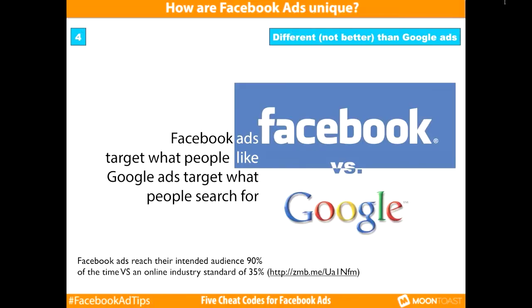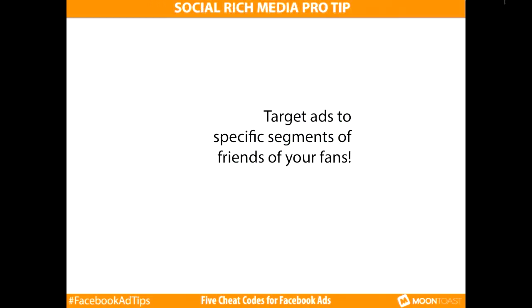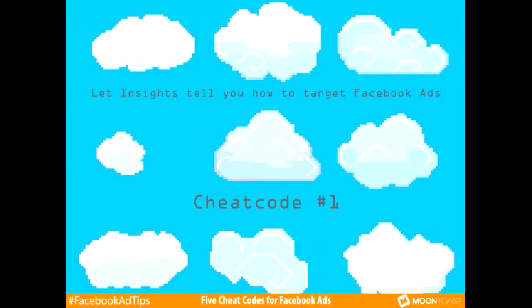I need this now. So the context of the ad is going to be very different. Google ads are going to try to speak directly to that need that people have right now, whereas Facebook is going to speak more to the likes and the preferences that people have. Okay, and we can skip that one.